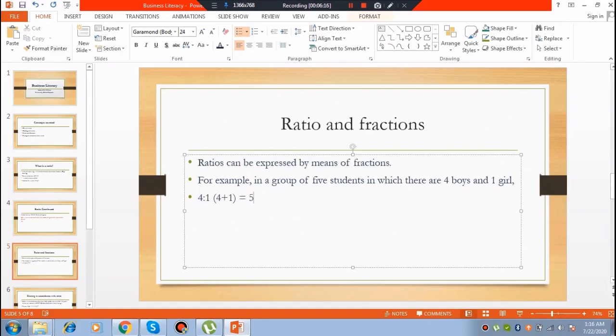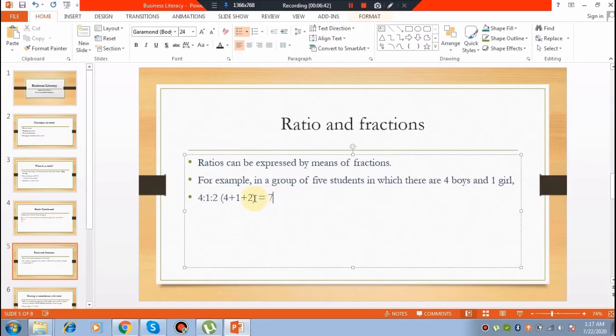So this will always be your denominator. Even if it was 4:1:2, again we're just going to add: 4 plus 1 is 5, plus 2, and that will become 7. That's how you calculate your denominator.